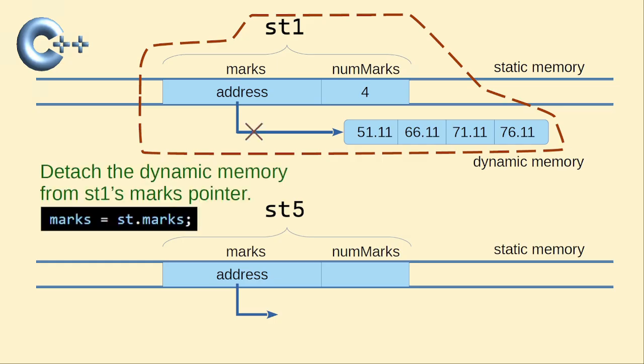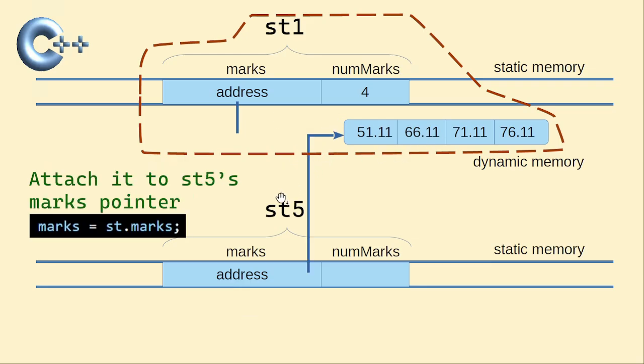Now when the marks of the st1 object is assigned to marks of the new object, the current object, at this point the st5 attribute marks and st1 attribute marks carry the same address of this dynamic memory. That means both point to the same memory space.